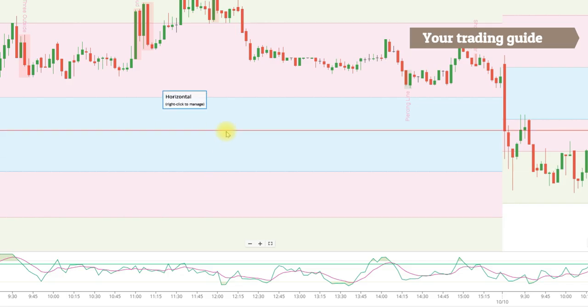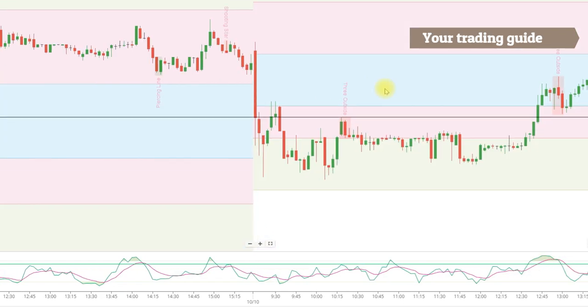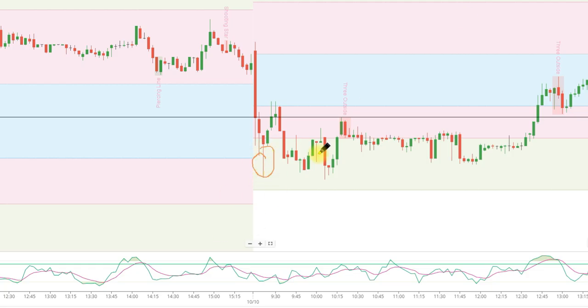Let's update it again. The next day the stock tried to break, but because of the presence of long wicks, and again I'm on a 3 minute time frame chart, the presence of these long wicks over here, and the rejection of this red candle from this region, it remained in a consolidation state.